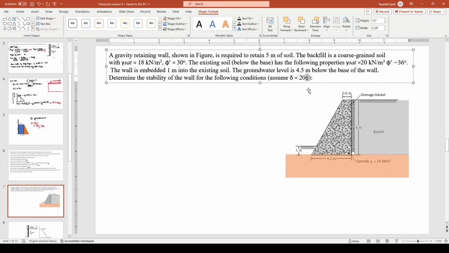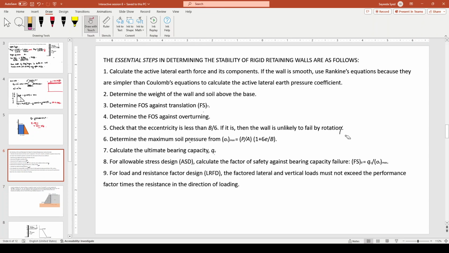Let's go back to the previous slide. Yes. So what we do is first we calculate the active lateral earth force and its components. If the wall is smooth, we use Rankine's equation. If the wall is rough, then we use Coulomb's equation. So there are two conditions. Wall friction is zero.